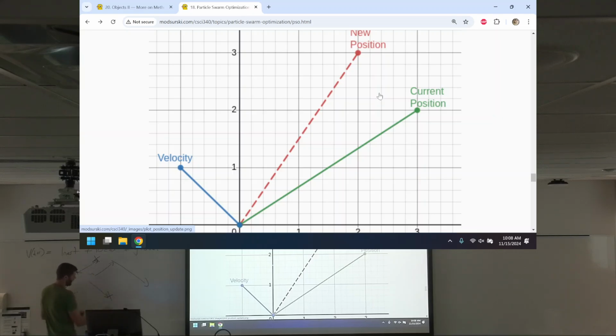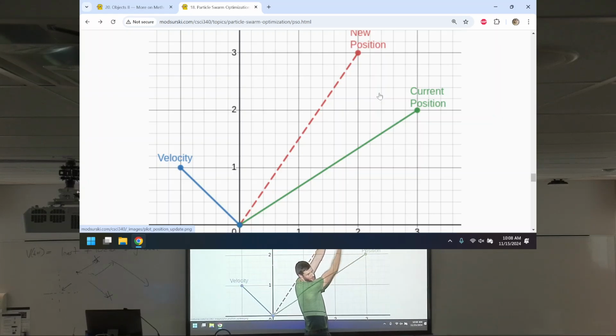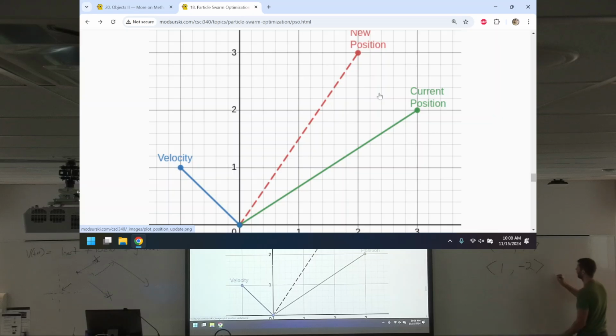If you had the vector 4 and 7, and I wanted to add it to the vector 1 and negative 2, right? Imagine we're in a space with 4, 7, 1, negative 2. We've got 2 vectors, right?